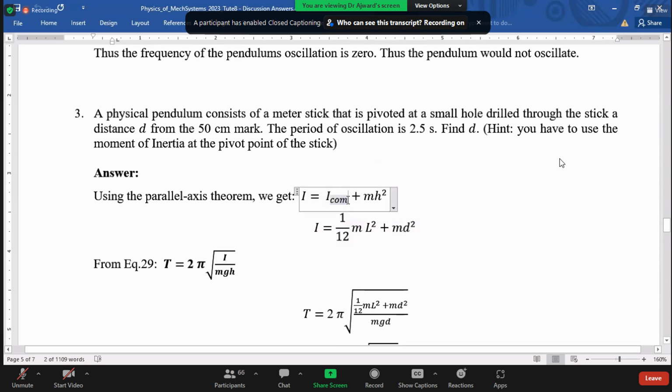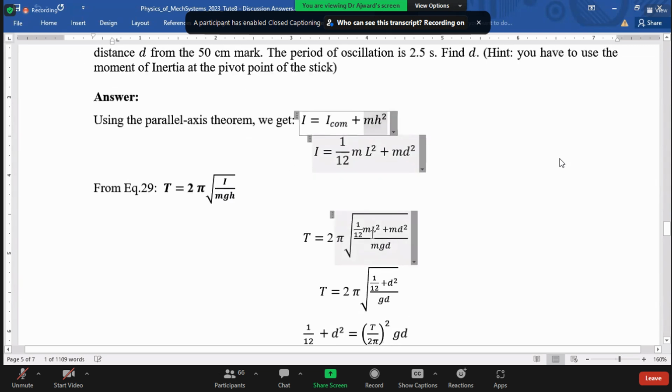It is the center of mass value plus m h squared, which is again the distance from the center of mass. And you get this formula when you plug in for I using this value, and you get this value.